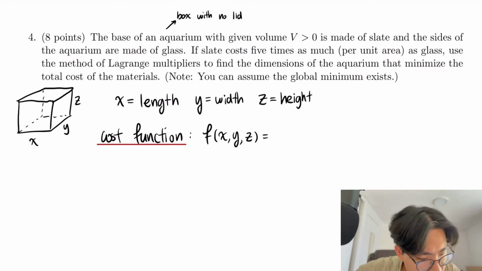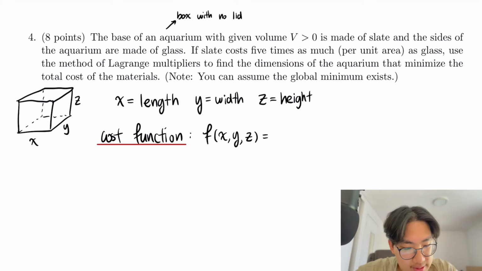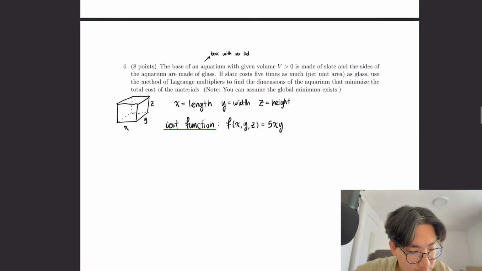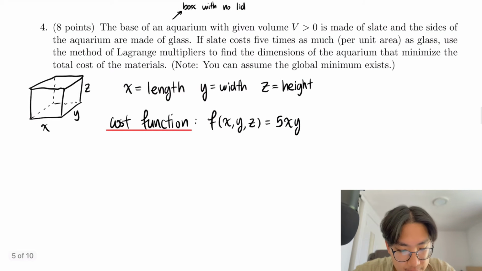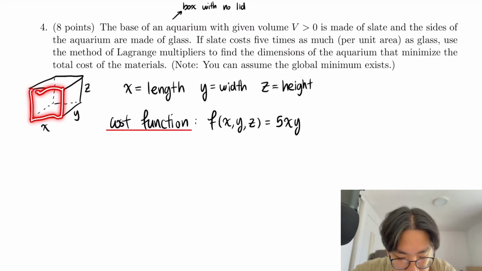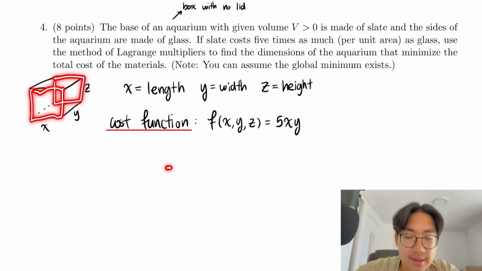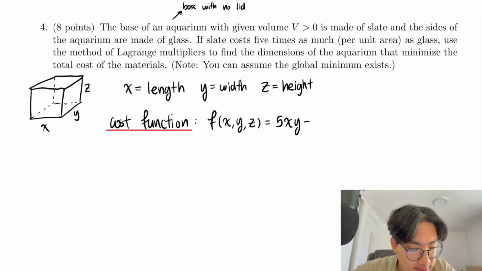So yeah, the base. So the base, again, is just X times Y. So obviously 5 times X times Y will give you the base portion of things. And then you have all the sides now. So this face right over here and this face right over here, obviously these are X times Z. So we have 2 times XZ, 2 times XZ.